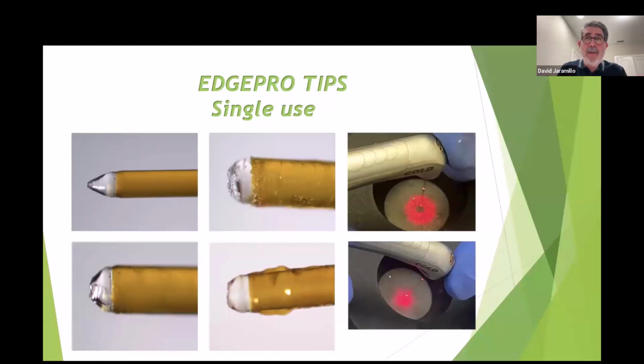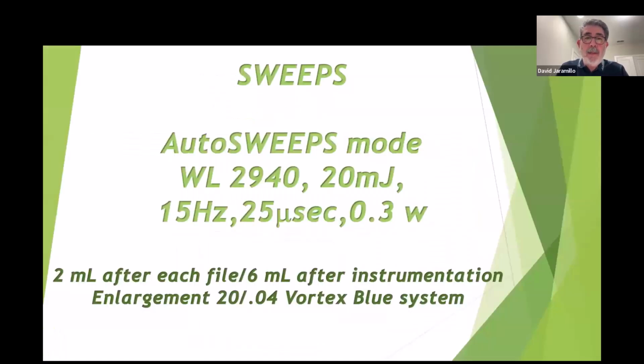I don't know. And I'm not going to investigate that because I'm distracted with other projects. So Fotona came up with a new tip. It's called SWEEPS. It's in design similar to PIPS, but because of patent issues, they couldn't use the same parameters, so they went around and they have this auto sweep mode that really put the tip in the PIPS mode.